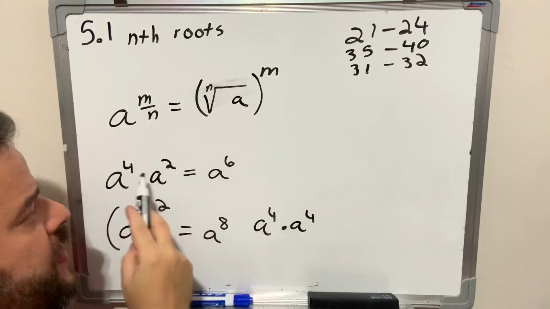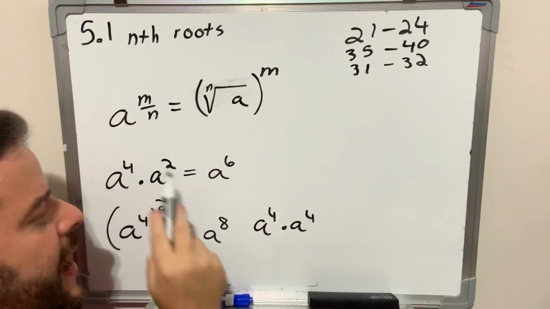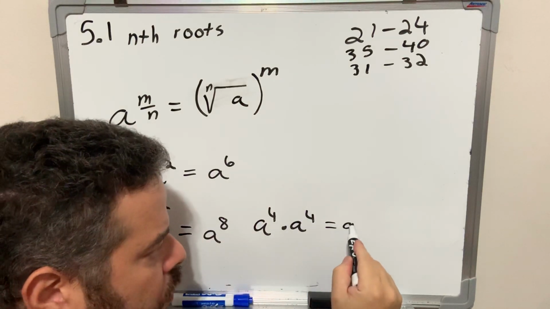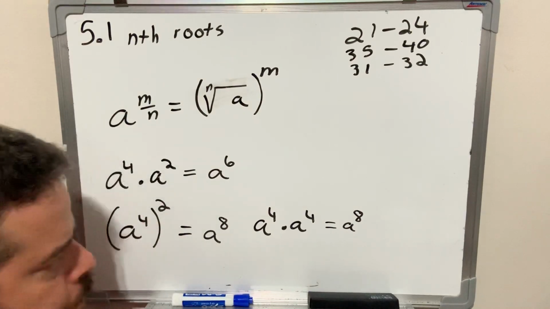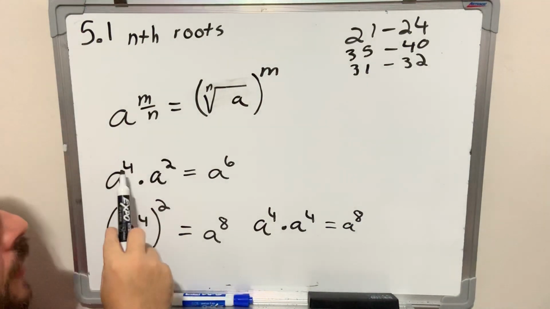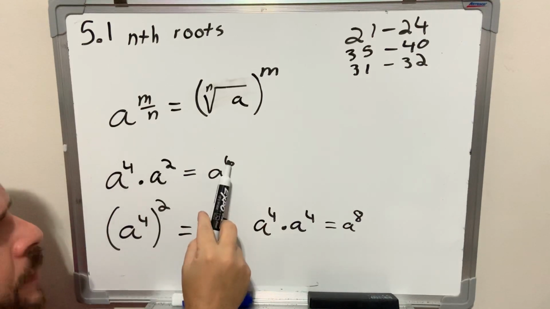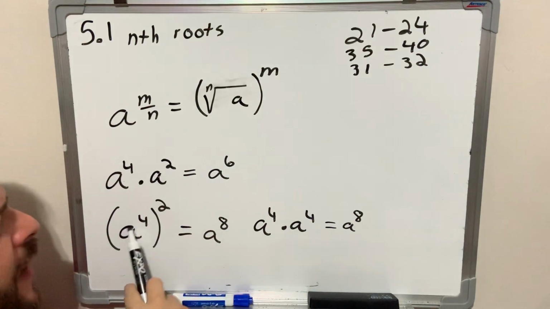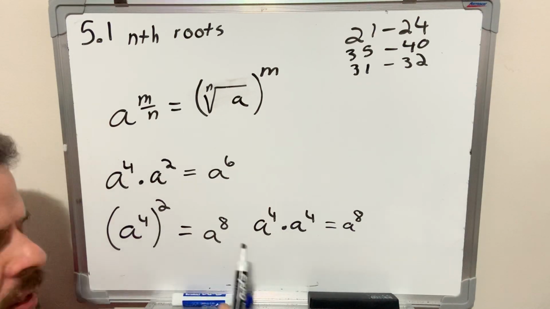And did we not just say that when we multiply variables of the same base, we add the exponents? So when I add the exponents, I end up with a to the 8th power. So again, remember, when we multiply variables, we add the exponents. When we raise a variable with an exponent to another power, we multiply the exponents.